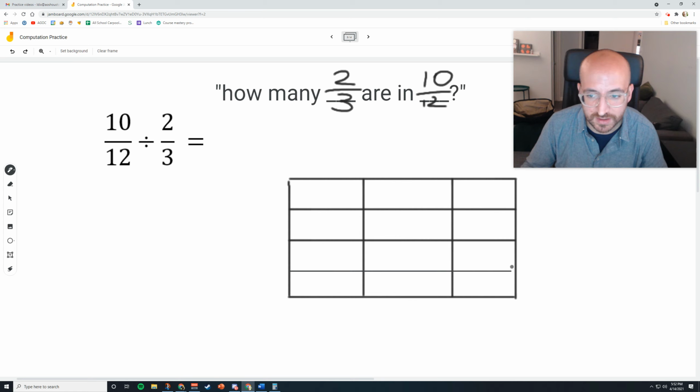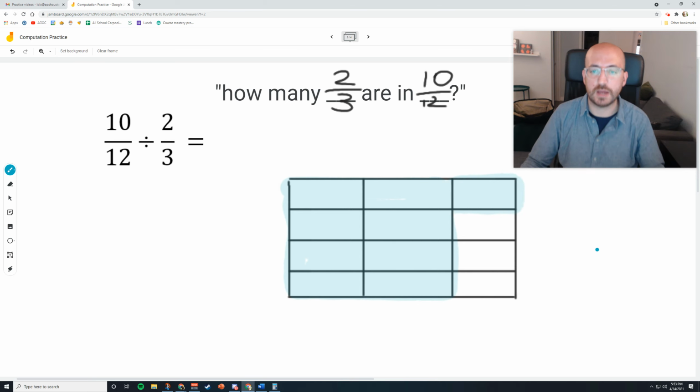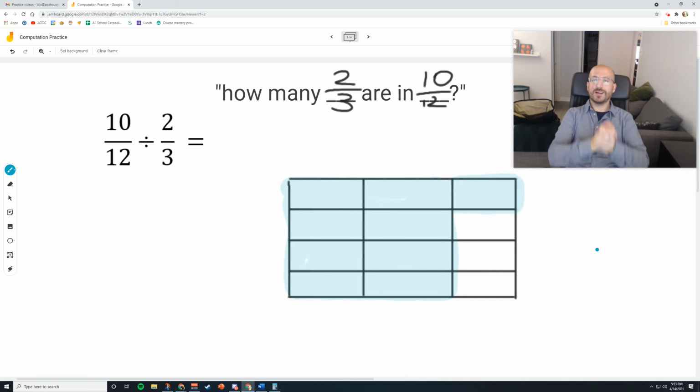All right, here we have 1, 2, 3, 4, 5, 6, 7, 8, 9, 10, 11, 12. 12 12ths. Let's shade in 10 12ths. Okay, 10 12ths are right here.